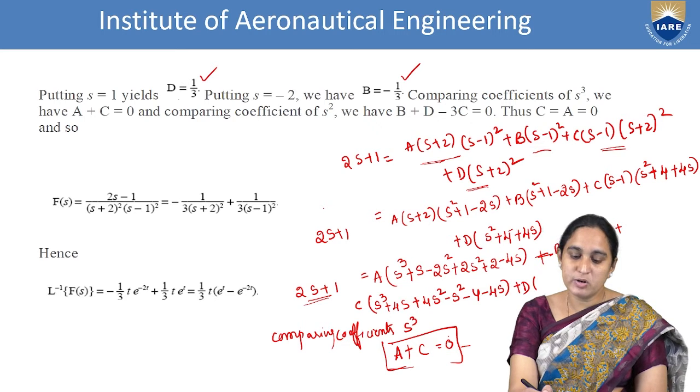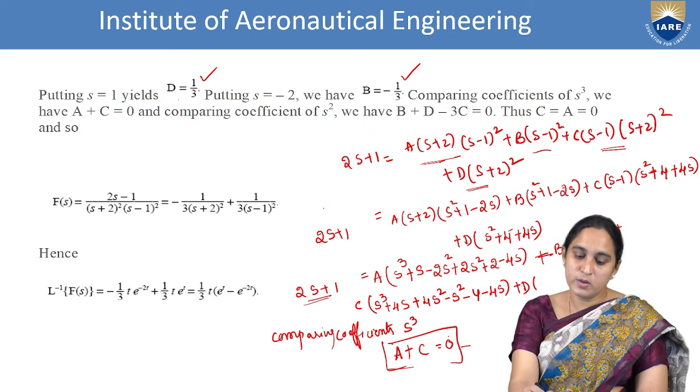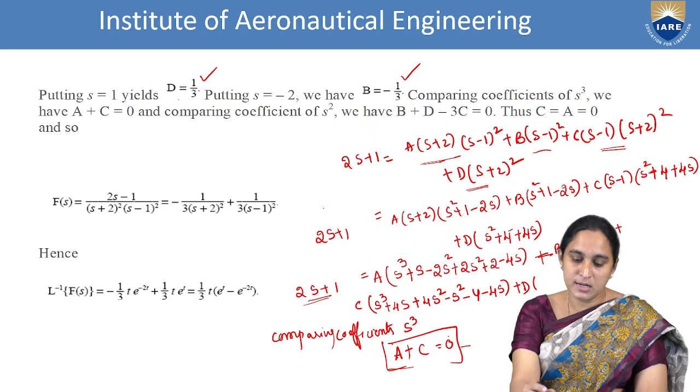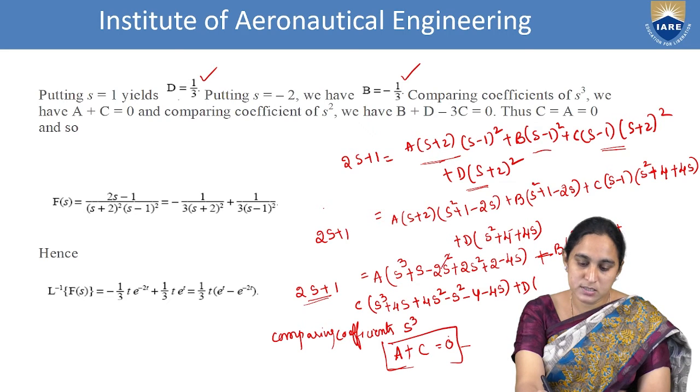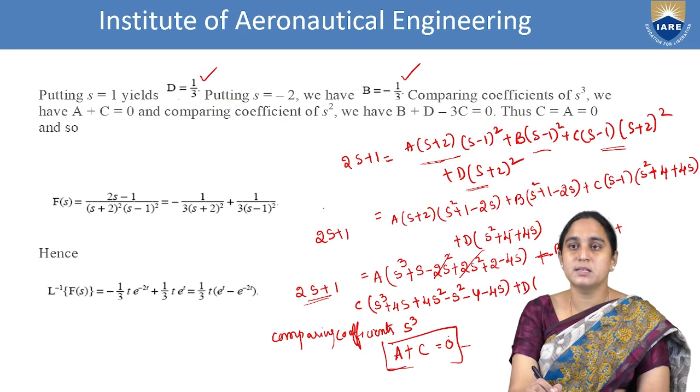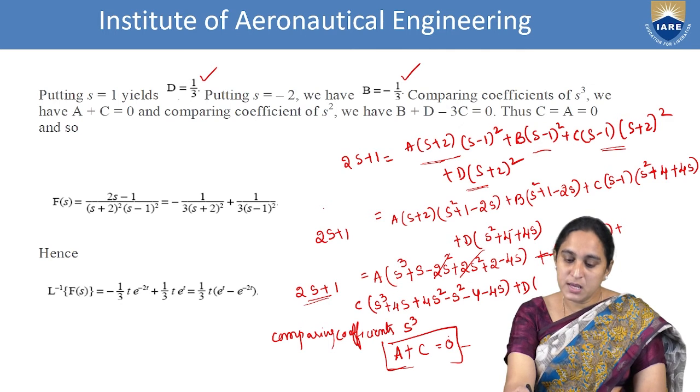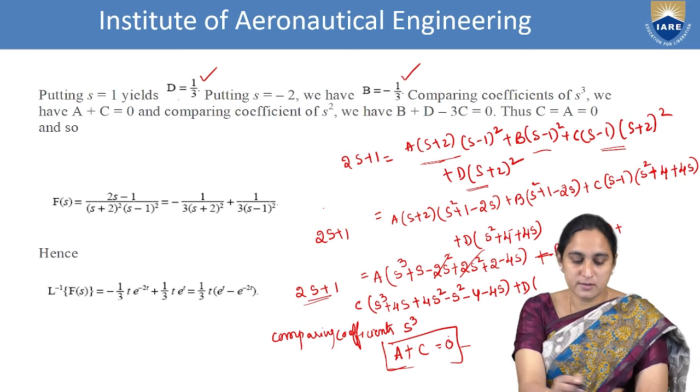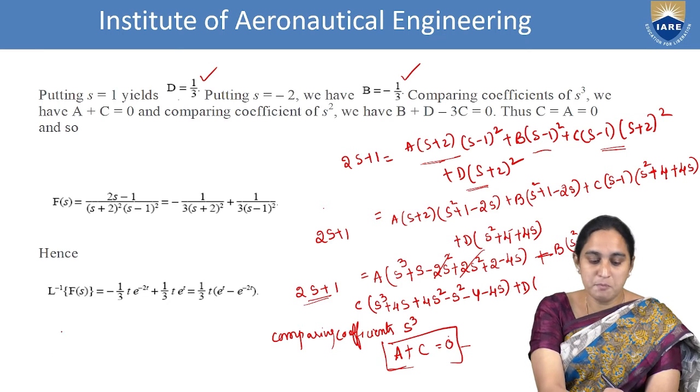What are the S square coefficients here? From the A part, minus 2S square plus 2S square cancel. There is no S square coefficient in A. From B, the S square coefficient is 1. That means I'll write here, comparing coefficients of S square.